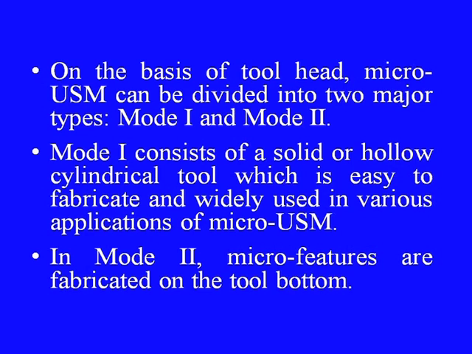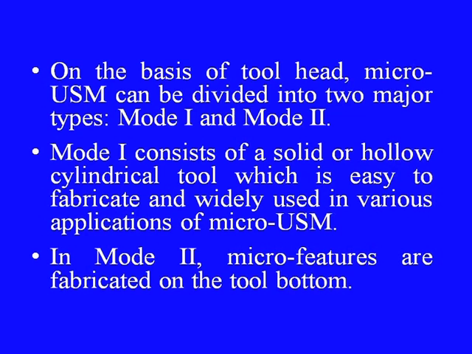On the basis of tool head, micro USM can be divided into 2 major types, mode 1 type and mode 2 type. In mode 1 type, this consists of a solid or hollow cylindrical tool which is easy to fabricate and widely used in various applications of micro USM.